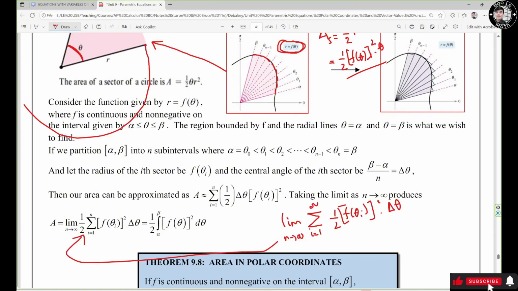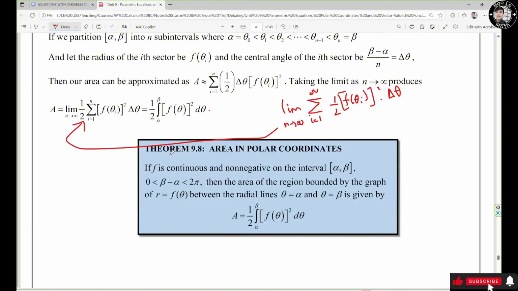Now I'm going to use integral notation to represent this limit. It could be 1/2 times the integral from alpha to beta of f of theta squared d theta.